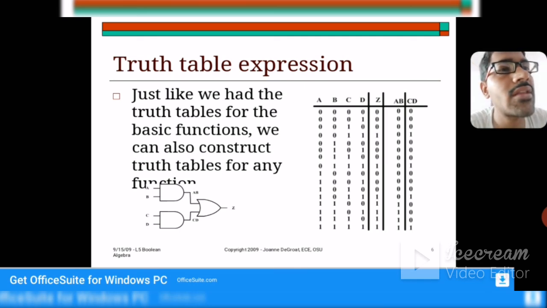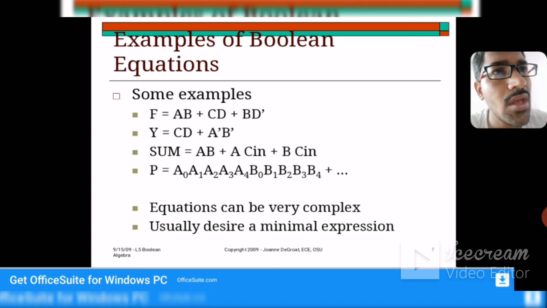These truth tables are just like the truth tables we had for the logic gates. We can construct truth tables for any function. First we should have a Boolean function or expression, and by depicting that function we can construct a truth table from the Boolean expression.